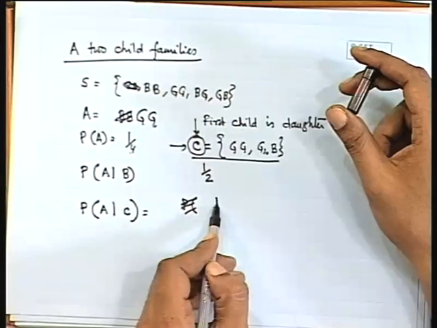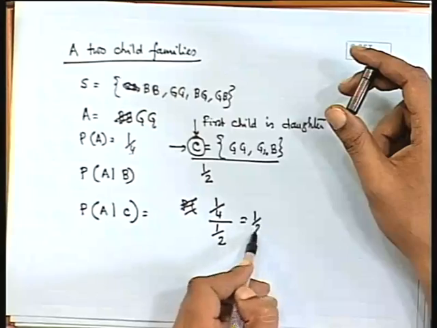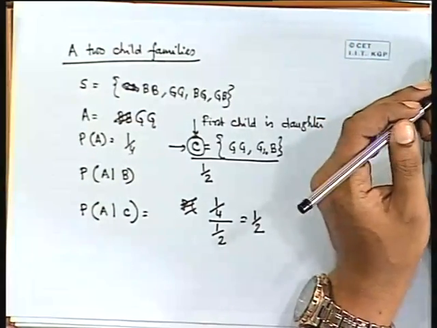It is 1/4 divided by half, which is equal to half. So the probability of getting two daughters, given that you already have one daughter, is half, as we said. Right? So this is the sense of conditional probability.